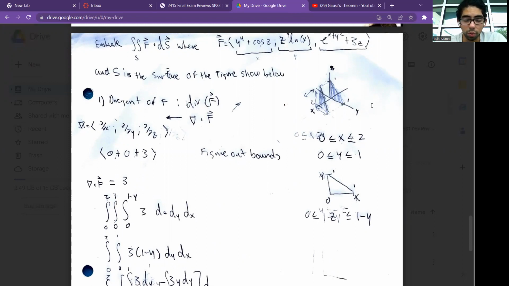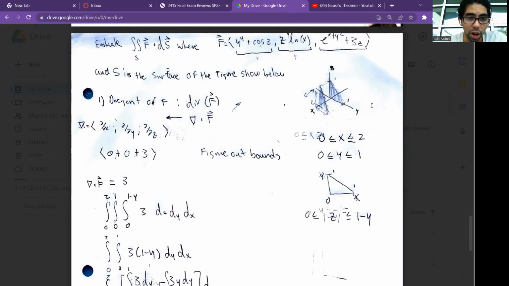The second is the same because there is no y in that component. The third does have z. The e to the x plus y squared can be taken out entirely, but we still have 3z, so the partial of 3z with respect to z is just 3.